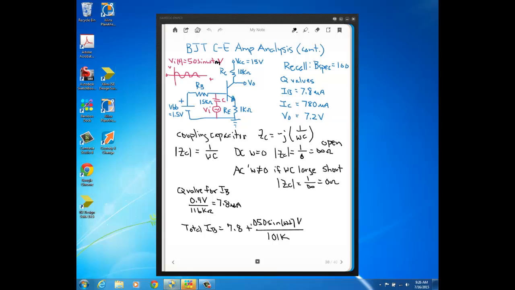And because VCC has a value of 15 volts, V out can't exceed that. If V out were to exceed this positive voltage source value that we're supplying at the collector, VCC, that would be a violation of conservation of energy.